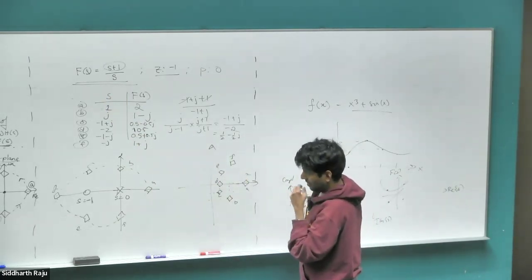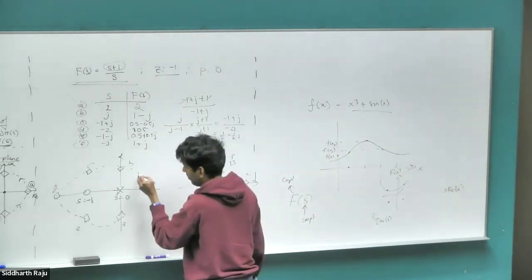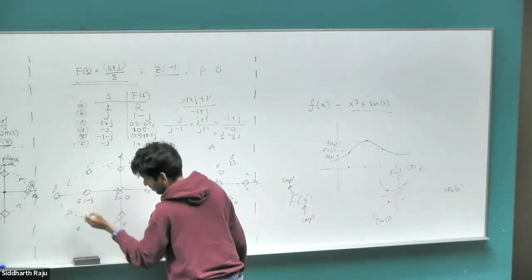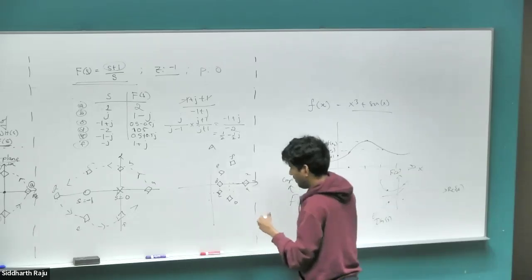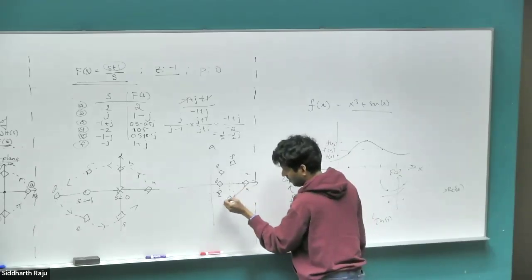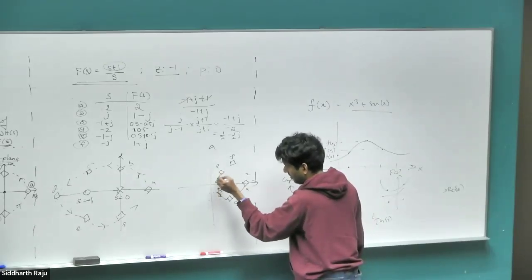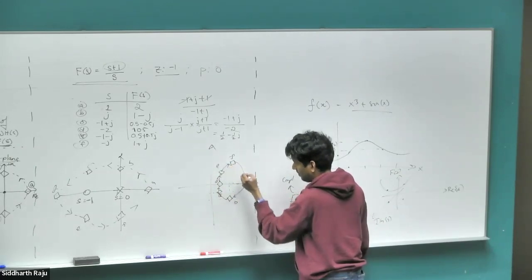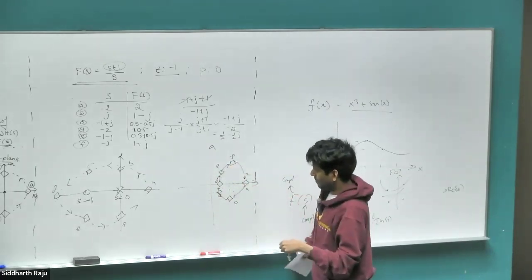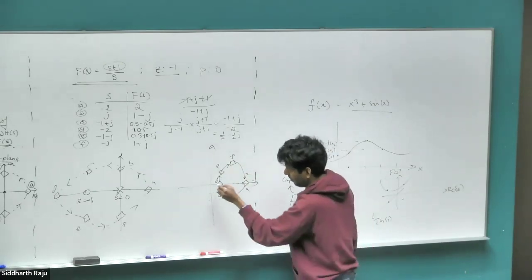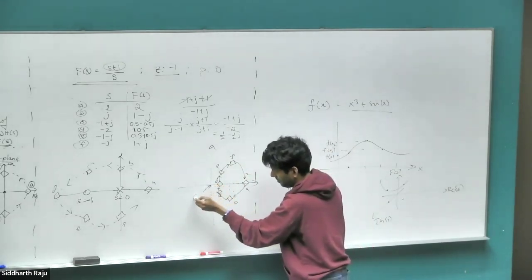So once again, we went in the counterclockwise direction. And here we end up with the opposite direction. The direction itself is irrelevant in this particular scenario. But the point of importance is that we are no longer encircling the origin.